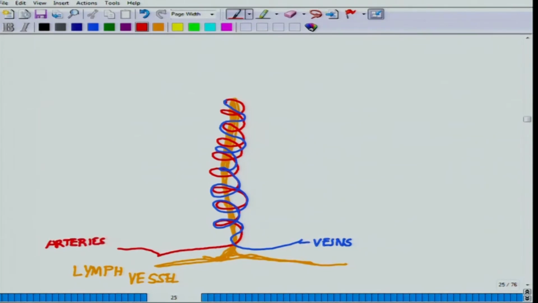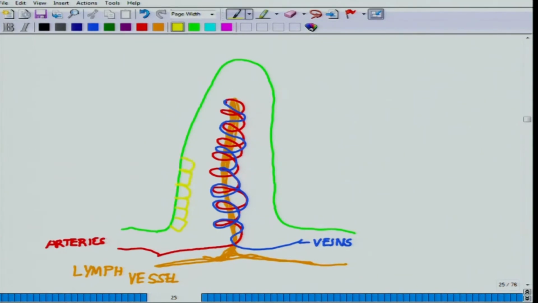Now, the cellular layer, for which I will use a different kind of color. Okay. The cellular layer, you could see, I'm just using a slightly lighter color out here.